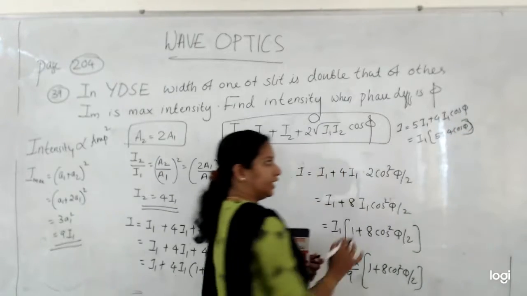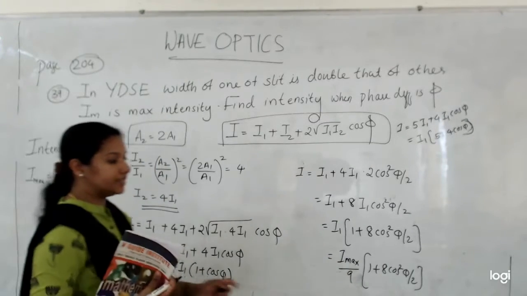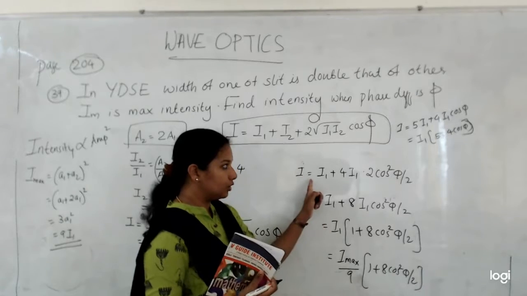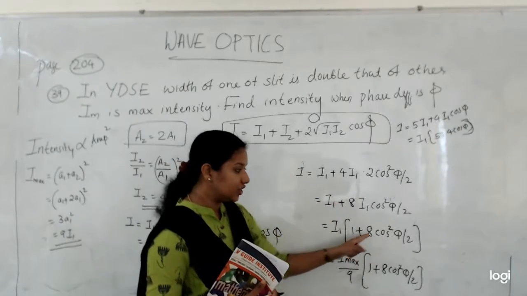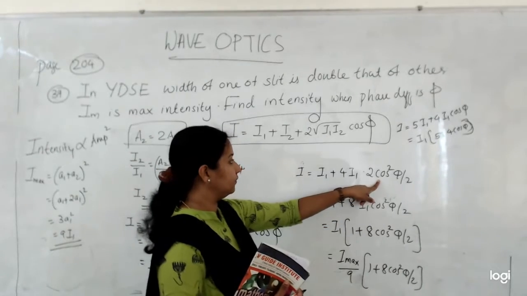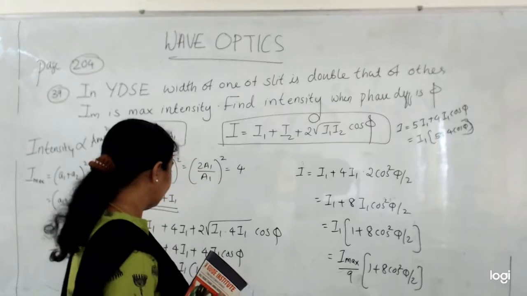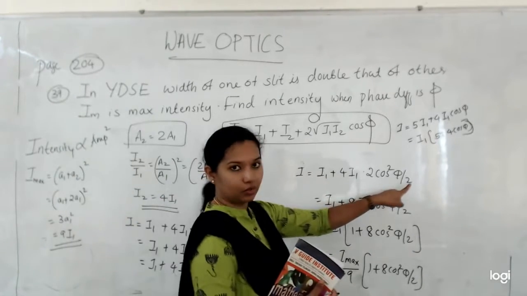Now, this is also correct, but you have to check with the options, and that was not there. The option is like this, so I am taking I1 as common, then changing 1 plus cos phi: 1 plus cos phi we can write as 2 cos square phi by 2.